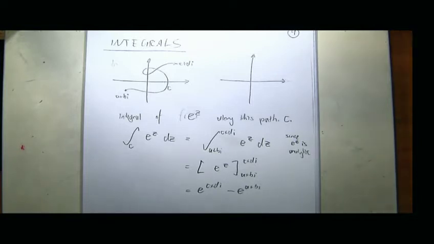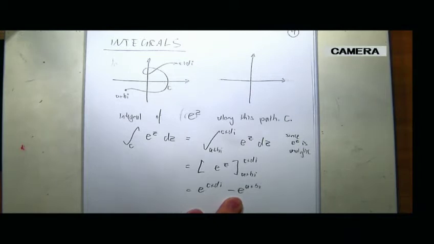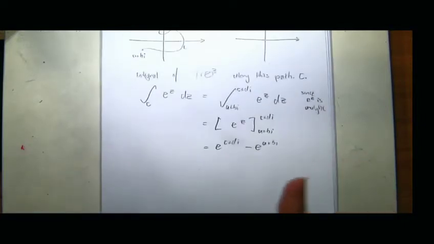Also, it's classic in an assignment or an exam question for one of those points to be 0, and e to the 0 is 1. So you can figure out what some of these things are. Okay. So that's great.